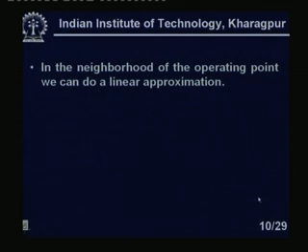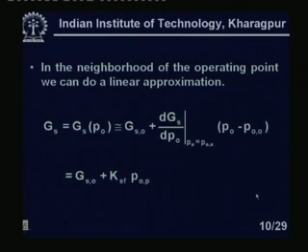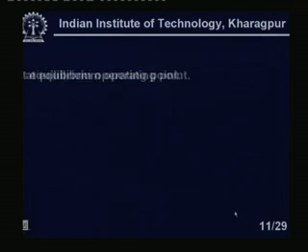In the neighborhood of the operating point we can do a linear approximation, otherwise it is non-linear as you can see, but in the neighborhood of the operating point of our flapper nozzle system, we can consider it a linear sensor. So GS of PO can be approximated as GSO plus the derivative of GS with respect to PO at the point PO equal to P00, that is, GSO plus KSF times the small change in PO.